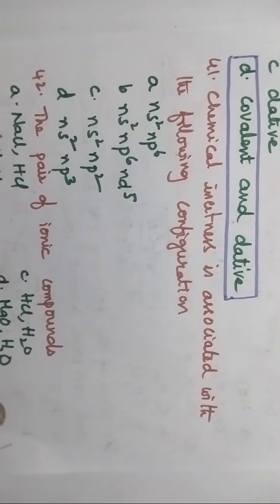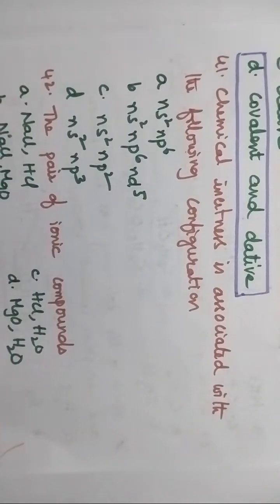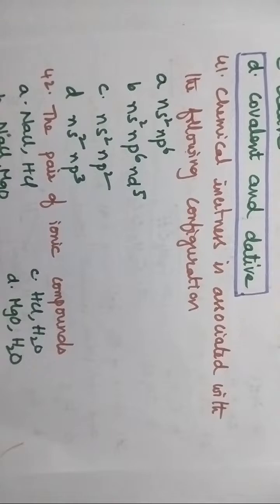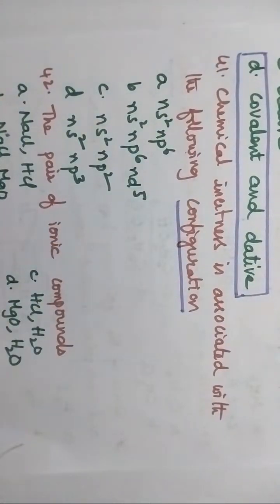Coming to the next question. Chemical inertness is very good, Bhanu. Option D is the right answer. So chemical inertness is associated with which of the following configurations? Which of the following configurations will not form any compound?